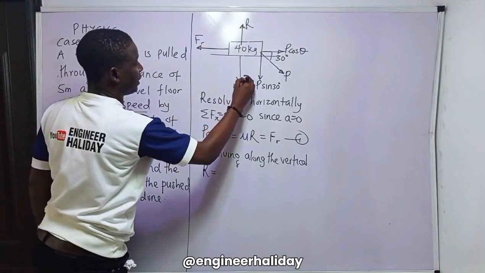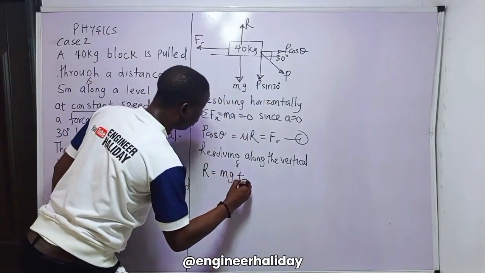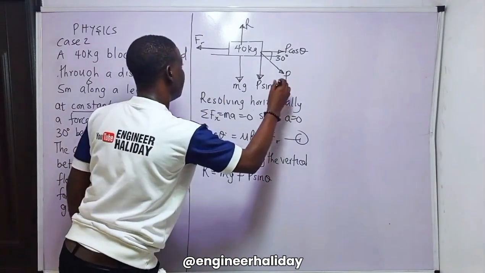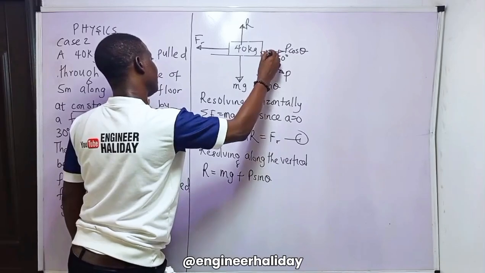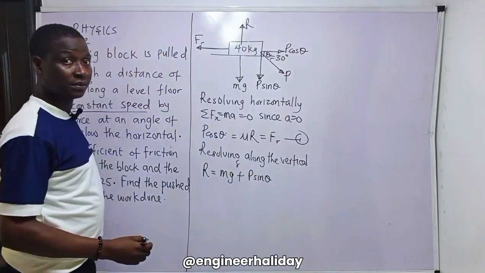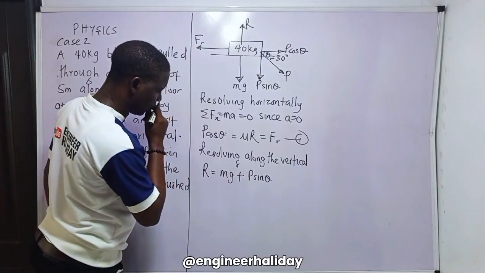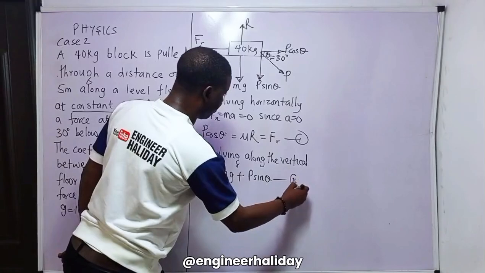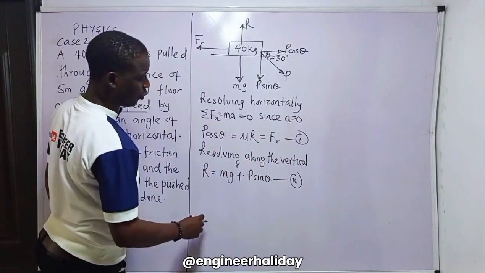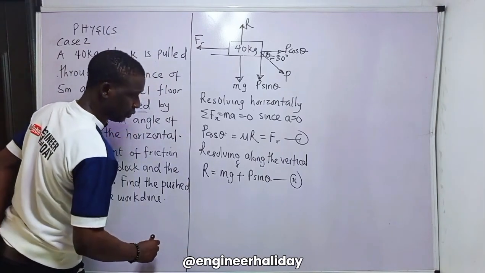We have two forces going down, so I would have R equals mg plus P sin theta, where theta is equal to 30 degrees. Let us substitute one into the other to reduce equations 1 and 2, so that we can get our P, which is our end product.